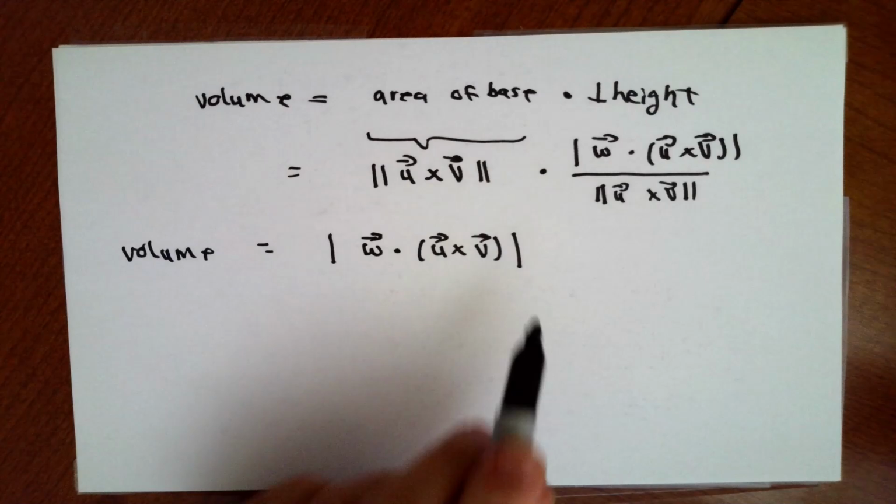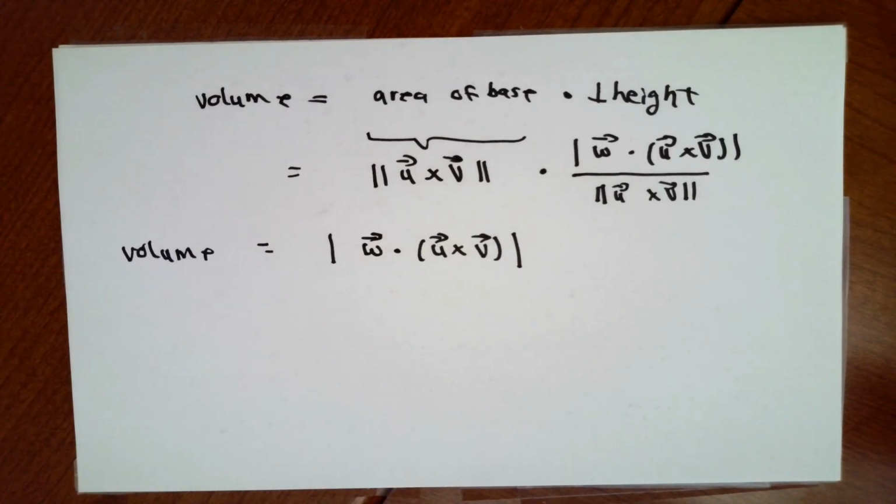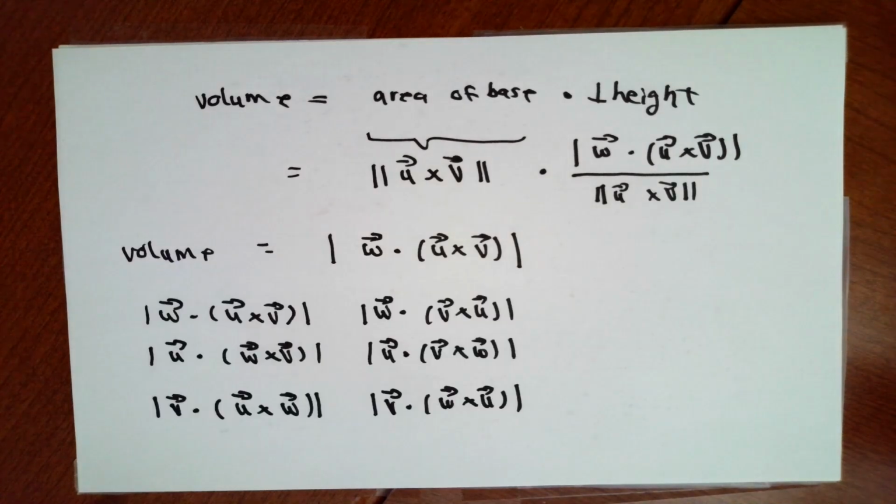The absolute value of the result has to be the same. So if it's convenient to relabel them one way versus another, that's perfectly okay to do. That is to say, all 6 of these quantities are going to give you the same answer.